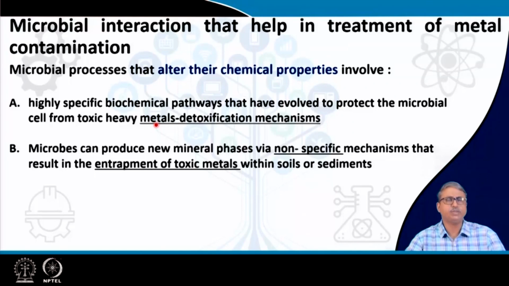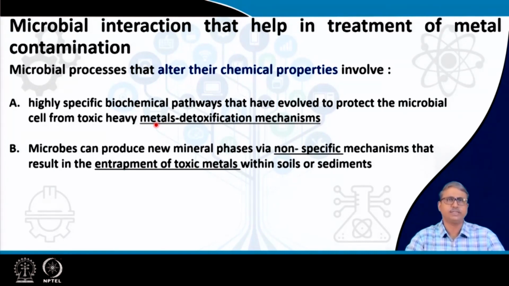Many of these metals like chromium, uranium, cadmium, mercury, arsenic, most of these heavy metals, are toxic either at low concentration or at moderate concentration or even at high concentrations. So, no matter what is the type of metal, most of the metals, or even all metals, are toxic beyond certain threshold limits that we all know.